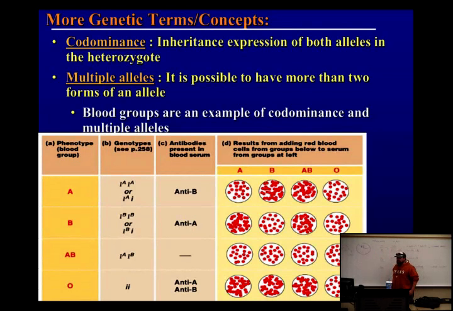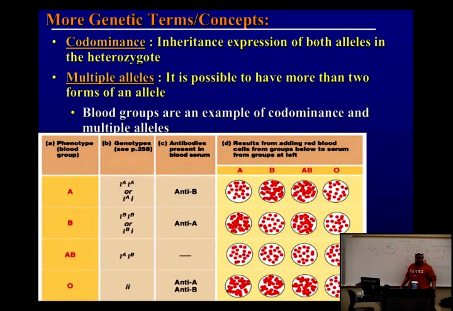So that's what we mean by multiple alleles. And then this is codominance because if you have A and B, it doesn't mix the 2 together, right? You end up with A and B being expressed simultaneously. Does that make sense? Which makes it different than incomplete dominance, because those are mixed together.